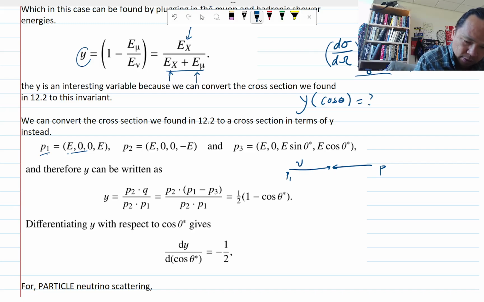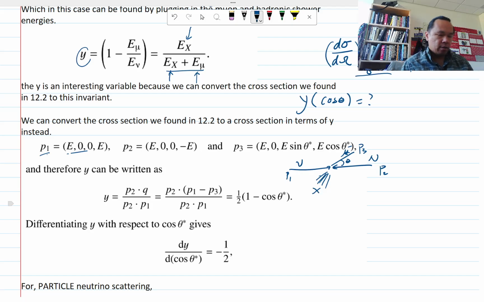Say this is the proton, or neutron. Let's just call this a nucleon. And this thing comes out at an angle theta, so that's P3, your muon. And you just have a bunch of stuff coming out here that you'll only measure the energy of.